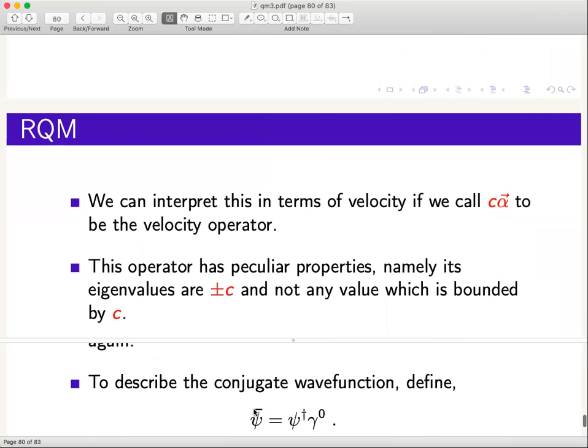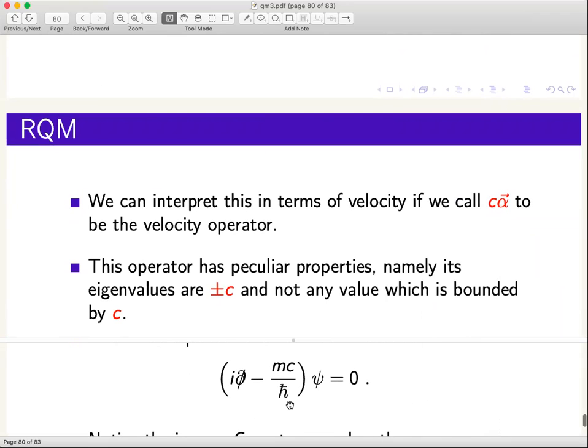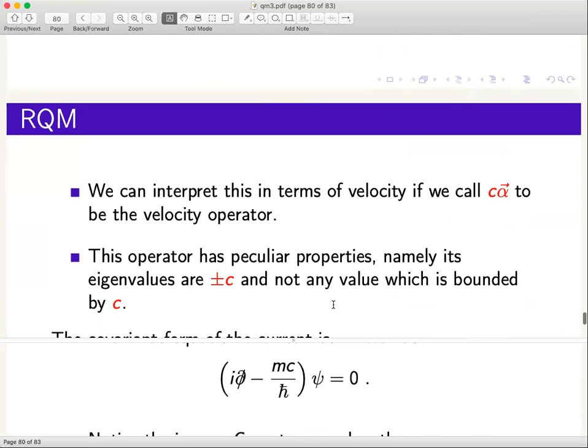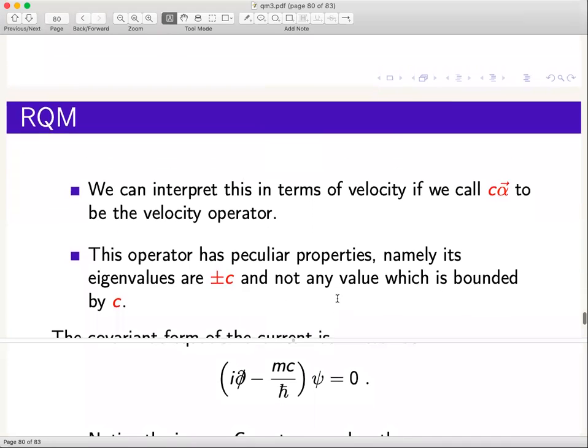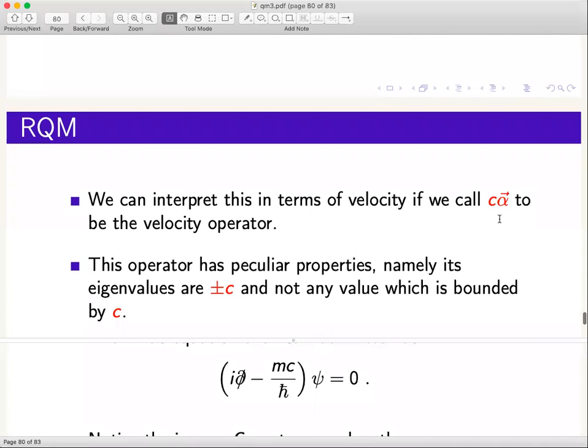If a particle has mass m, you wouldn't expect it to have velocity either plus c or minus c. You would be looking for a velocity somewhere in between, bounded by c, which is the upper limit. But nevertheless, eigenvalues of c alpha are plus or minus c.